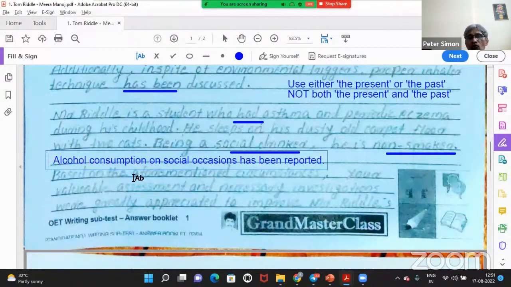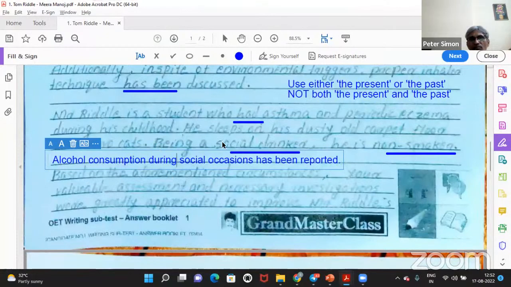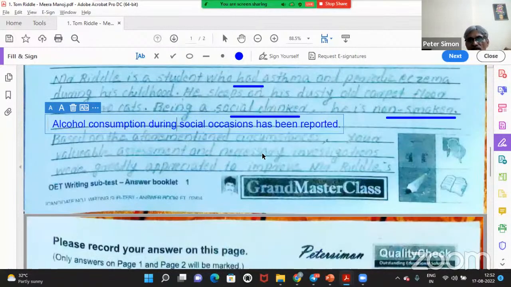Alcohol consumption on social occasions. Try to improve: instead of "on", write "during". Alcohol consumption during social occasions has been reported. Finished. Okay, that's it. Based on the aforementioned circumstances, your valuable assessment and necessary investigations.